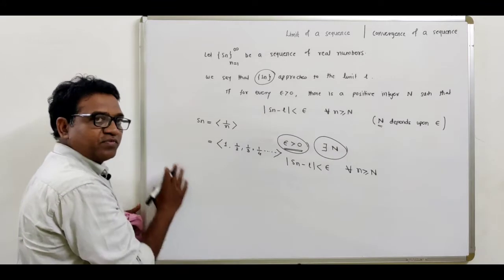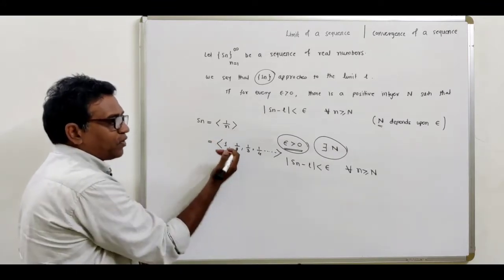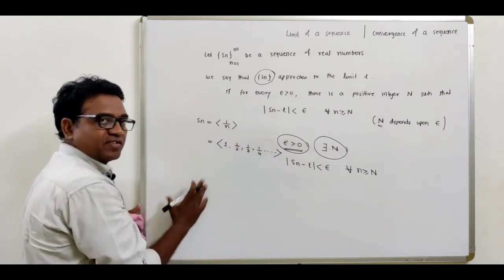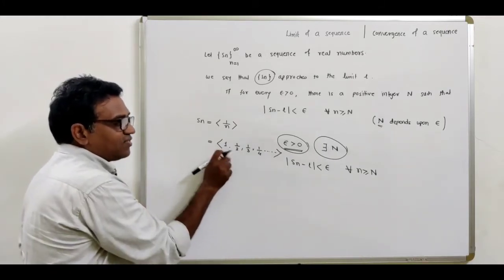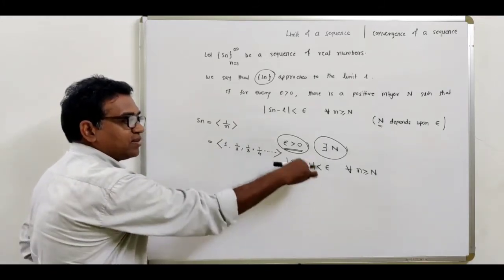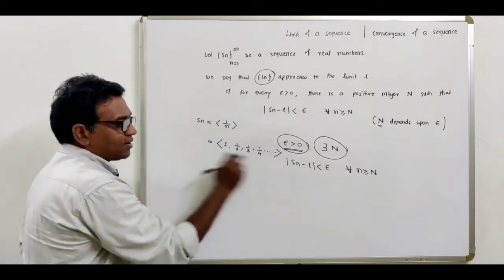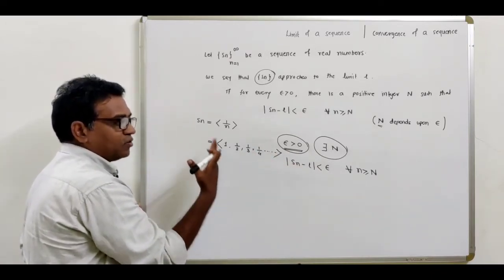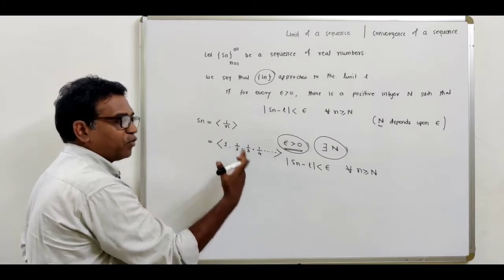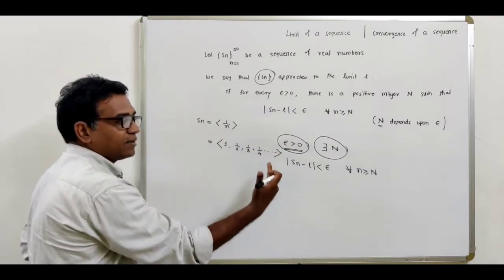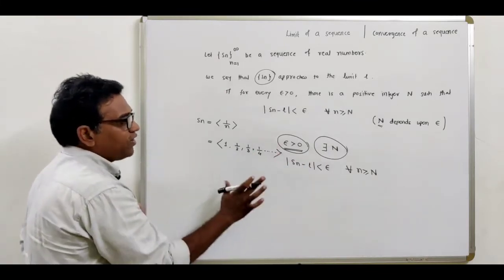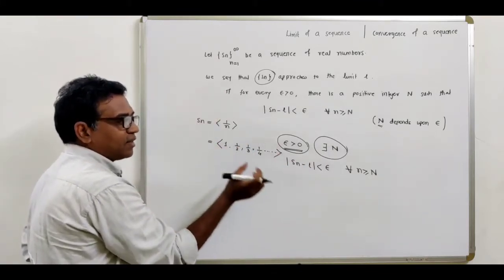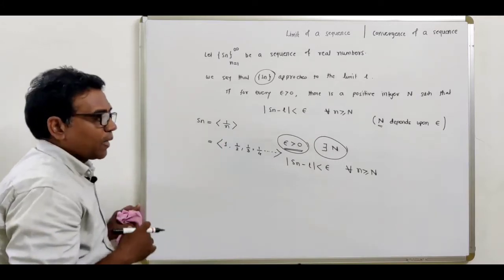If you write the terms of the sequence, what is our first observation? This sequence approaches towards the limit 0. It contains 1, 1 half, 1 upon 3, 1 upon 4, 1 upon 10,000, 1 upon 1 lakh. So it approaches towards the limit 0. So obviously 0 is the limit of this sequence.